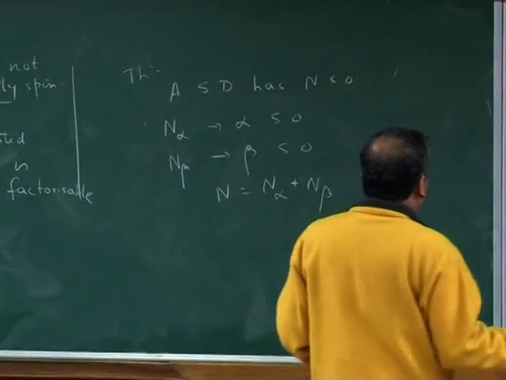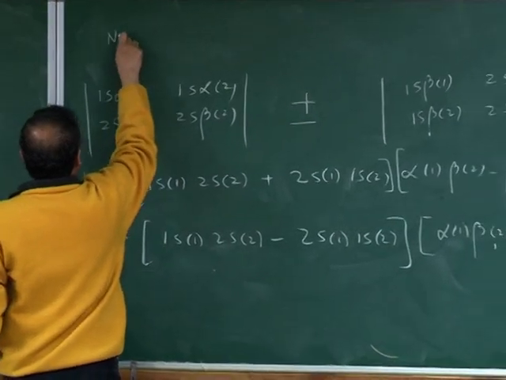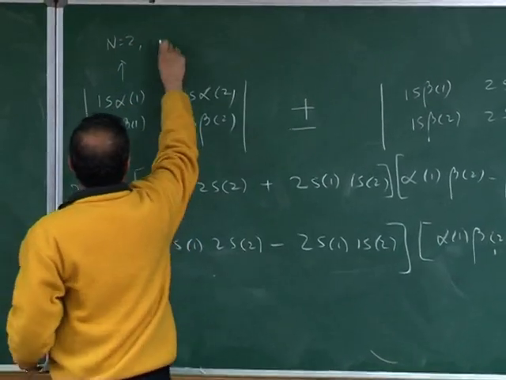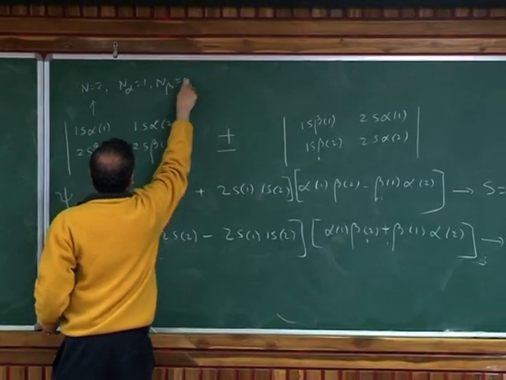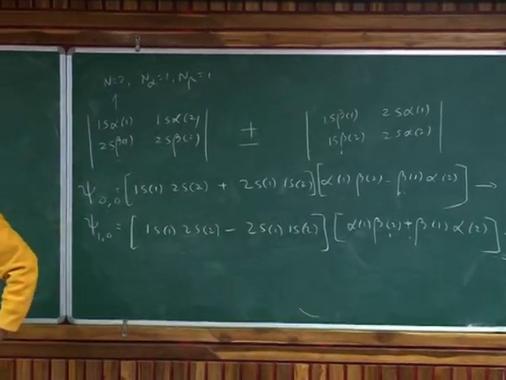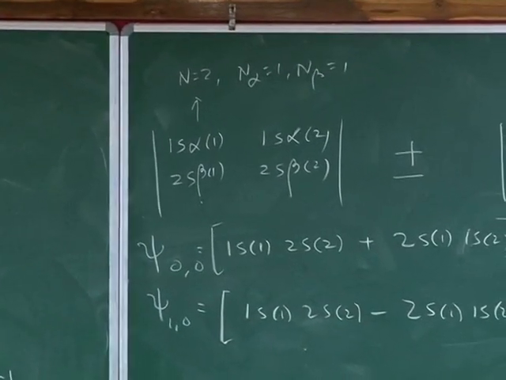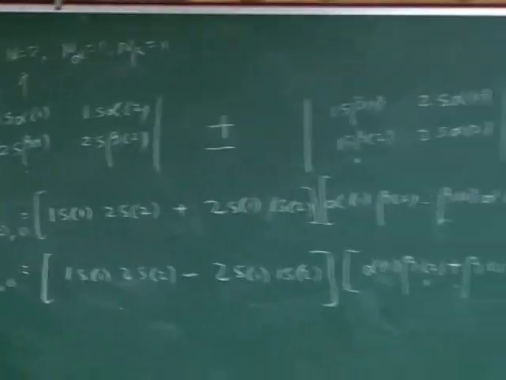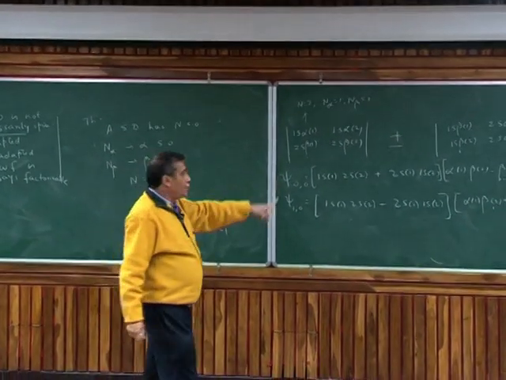So for example, if you take this determinant, my n equals 2. How many alpha spins are there? 1. How many beta spins are there? 1. Both of them are 1. And the same thing there: n equals 2, n alpha equals 1, n beta equals 1.